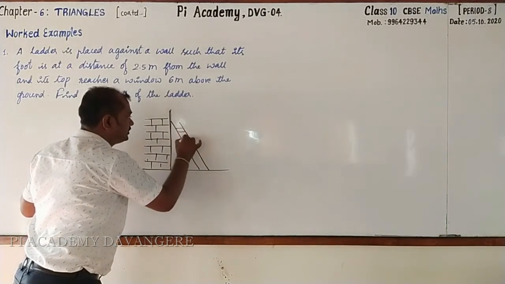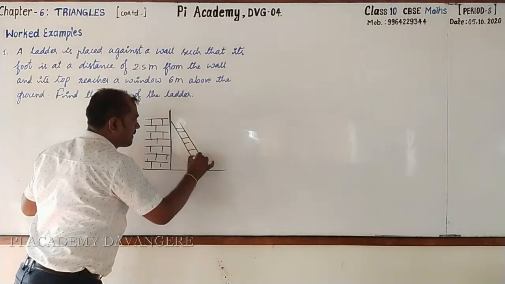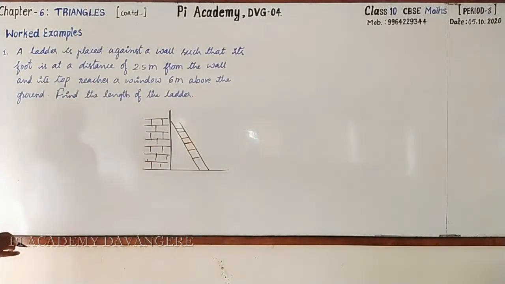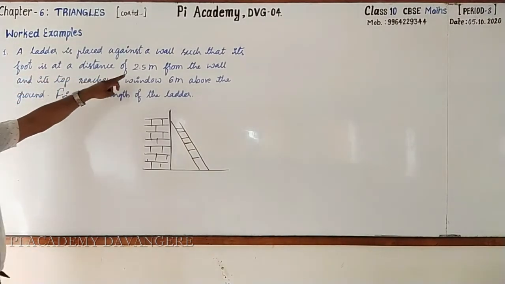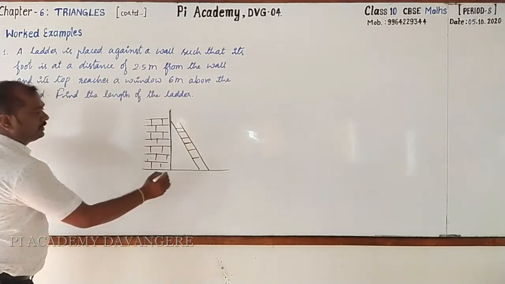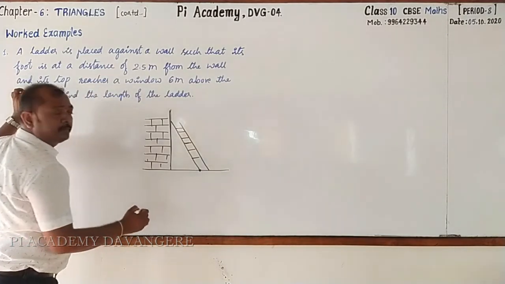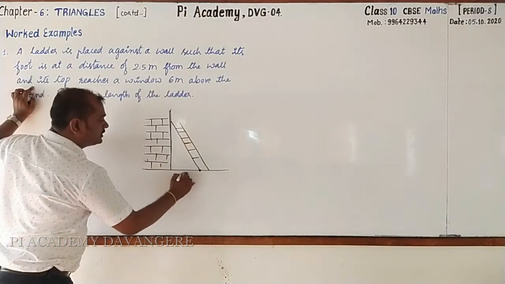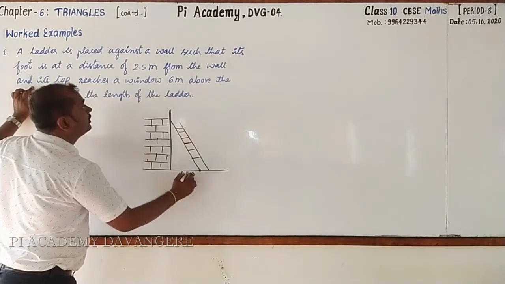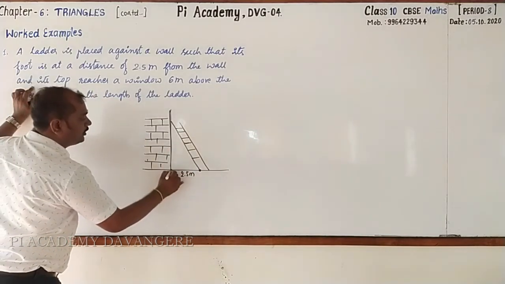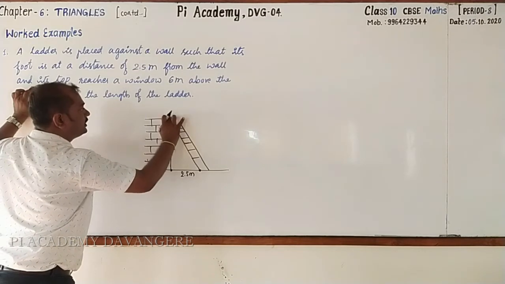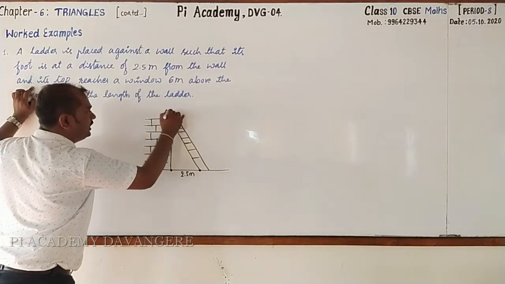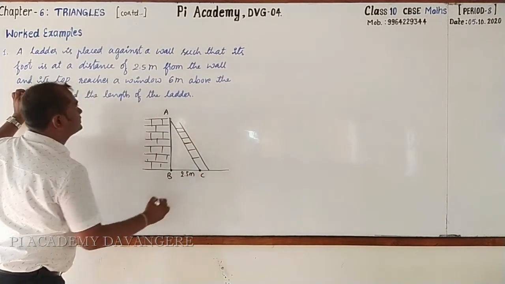This is the ladder, against the wall, such that its foot is at a distance of 2.5 meters from the wall. See, this is the foot of the ladder and this is 2.5 meters from the wall, from here. Let me call this A, this B and this C.